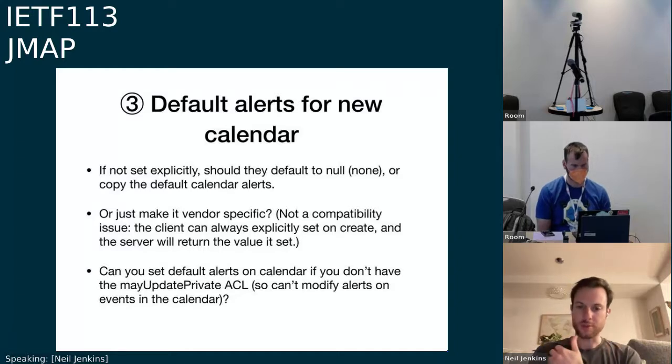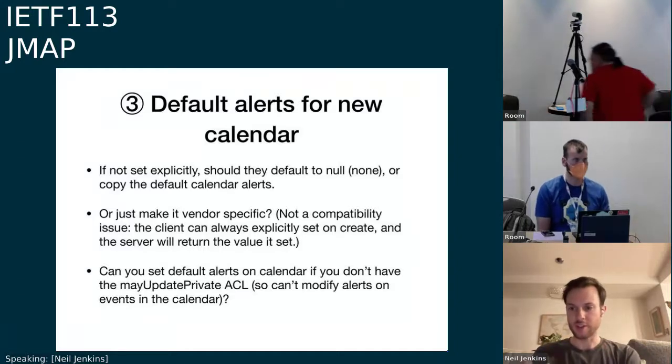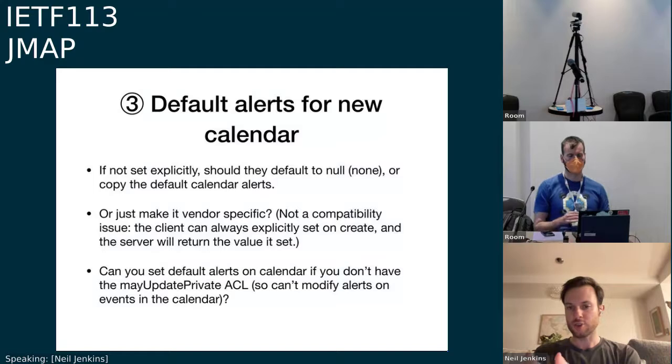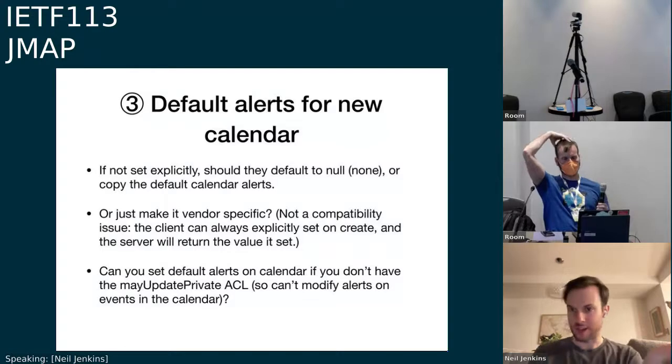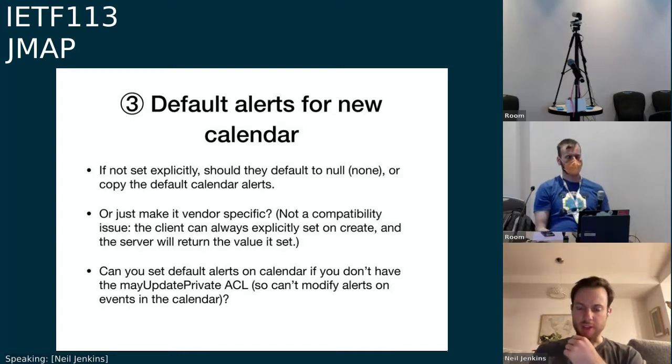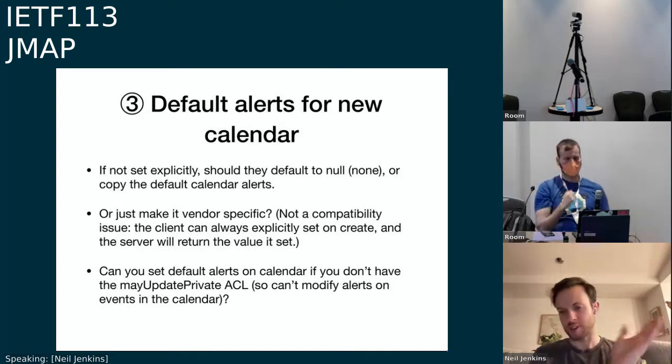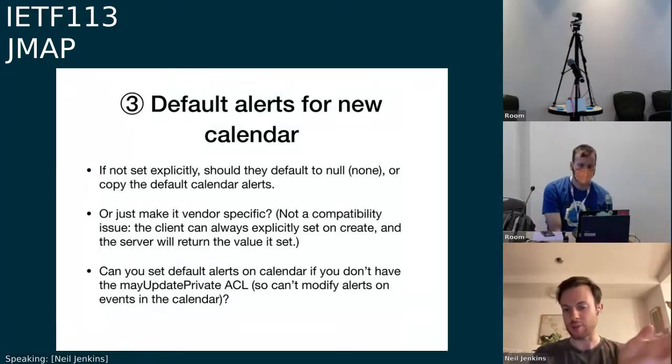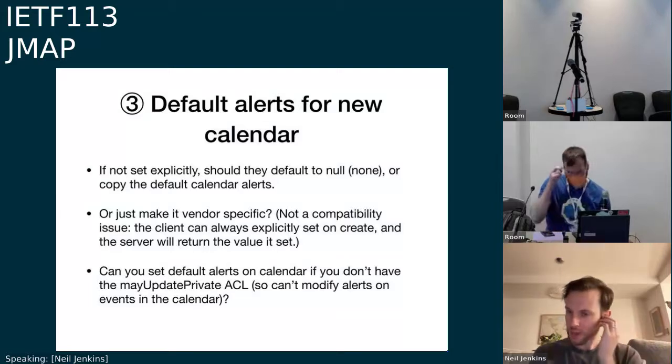So the first question is, if I create a new calendar, should the server copy over the default alerts from your default calendar, if you have a default calendar, I think from the previous discussion. Because at the moment, the spec just says the default is null, so if you create a new calendar, it doesn't have any default alerts until you explicitly add them.